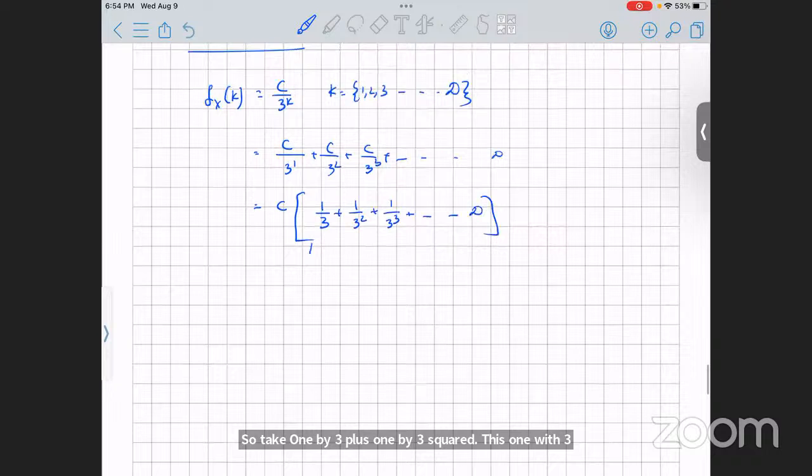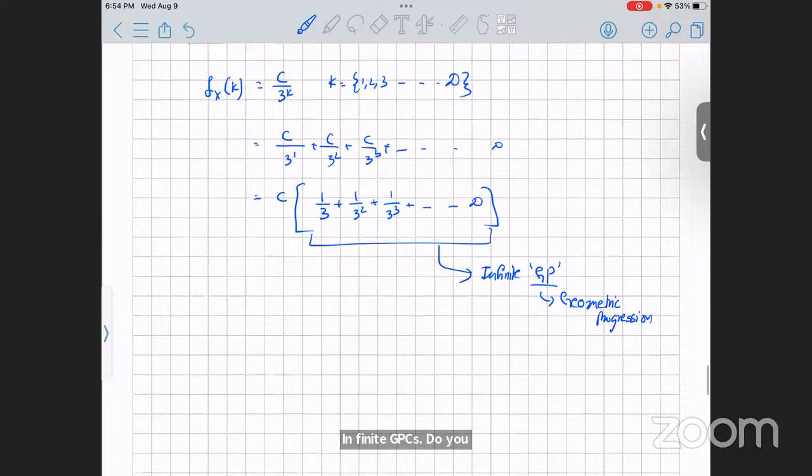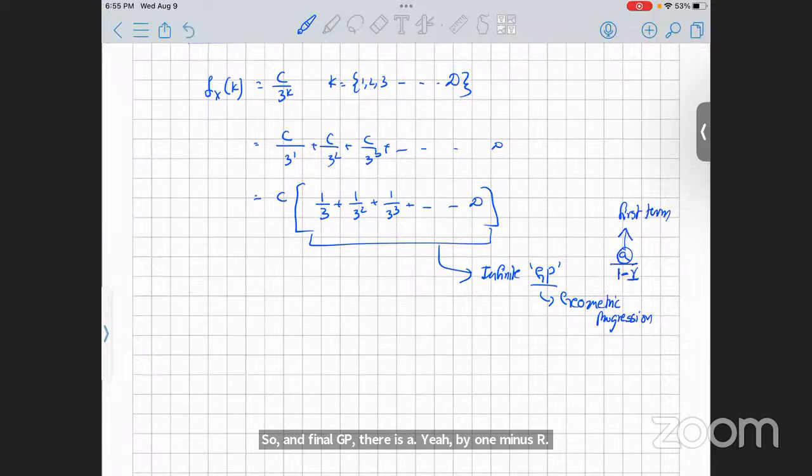This is known as an infinite GP series. GP means geometric progression. For an infinite GP there is a formula a by 1 minus r, where a is the first term and r is the ratio.